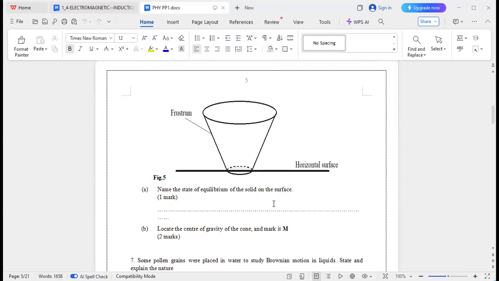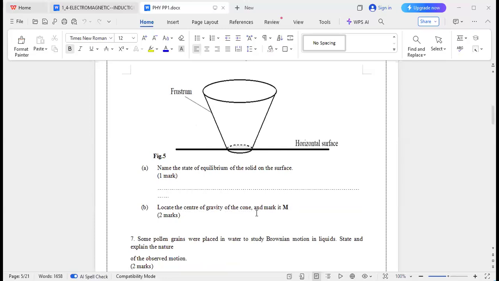So this is a stable equilibrium. If you're asked to explain, you say, when a small force is applied on the solid, it returns back to its original position. It does not topple.